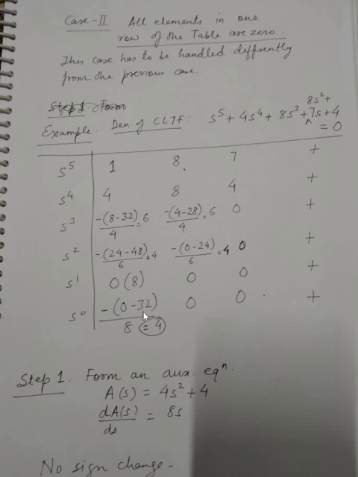So now how will we find this entry? 0 into 4 is 0, minus 8 4s are 32, so minus 32, and the outside minus is for the determinant, divided by 8, this becomes positive. Interpretation: this is positive, this is positive, this is positive, this is positive, 8 came so 8 is positive, this is positive. So all are positive, there are no sign changes, so this is a system which has all its poles in the left hand side of the S plane, therefore this represents a stable system.